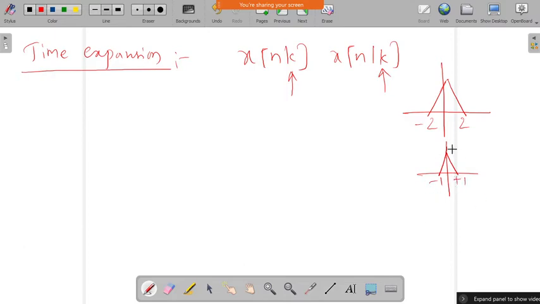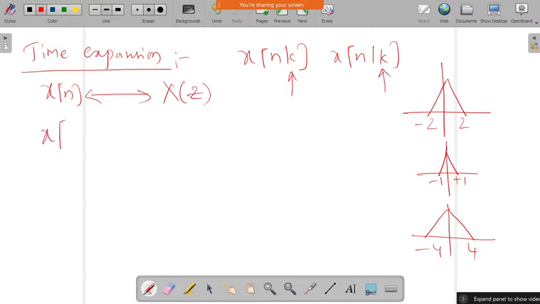For expansion, if the same scaling factor 2 is there, then you will get minus 4 to plus 4. So there is time expansion and time compression. In this property we will see what time expansion is. If we have the signal x of n and its corresponding z transform x of z.